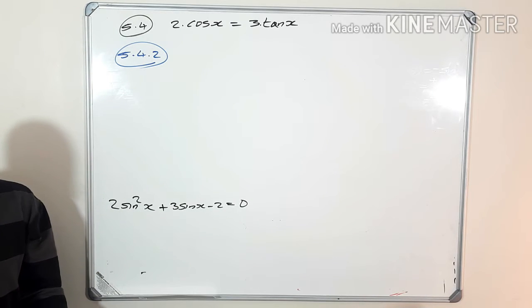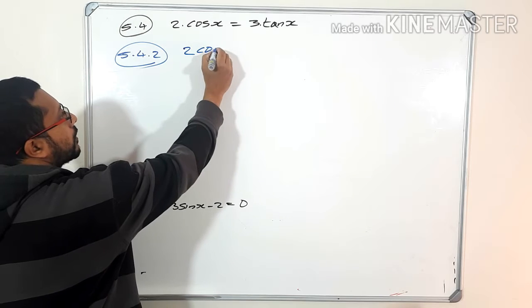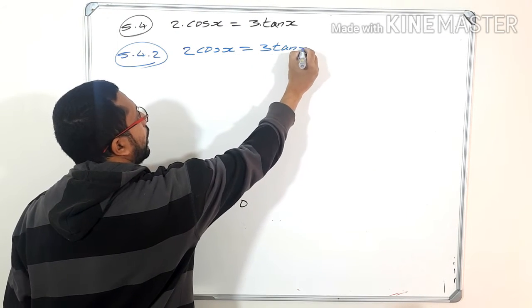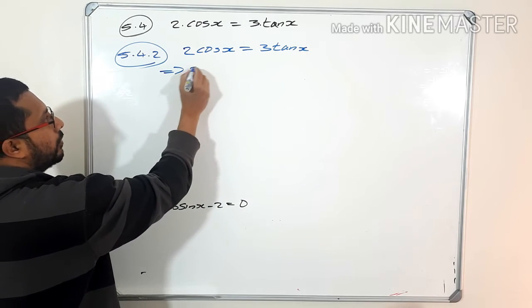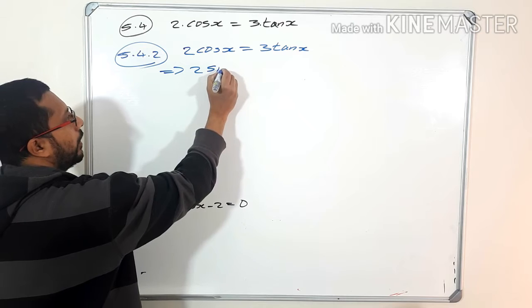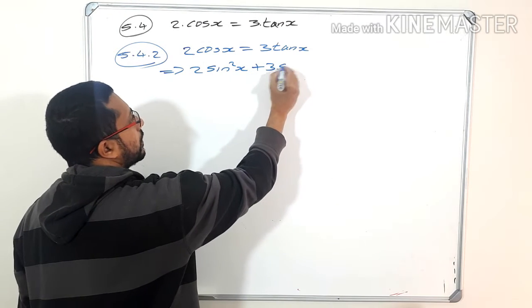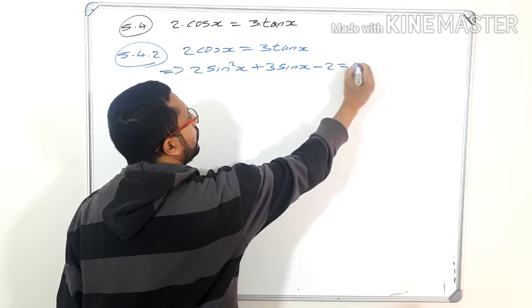So here I am going to write 2 cos x is equal to 3 tan x, and I know that that is the same as this one, so it implies that 2 sin squared x plus 3 sin x minus 2 is equal to 0.